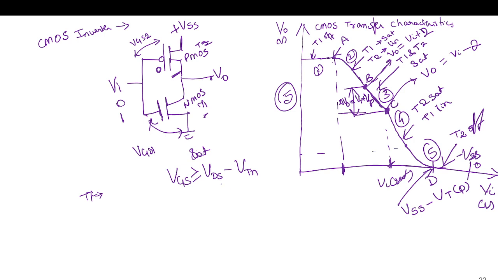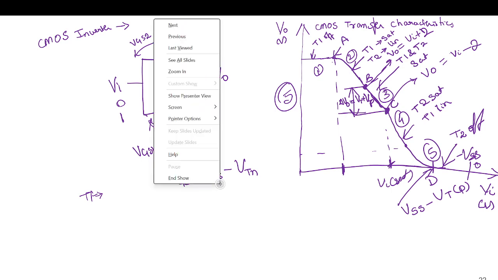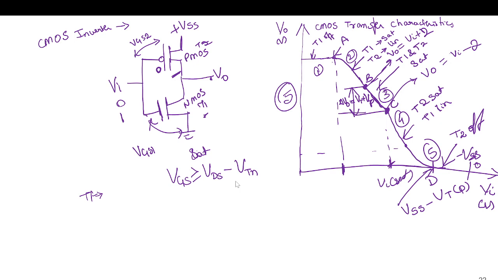So this VDS, if I take some numbers, say as 2, then I can see this is the drain.